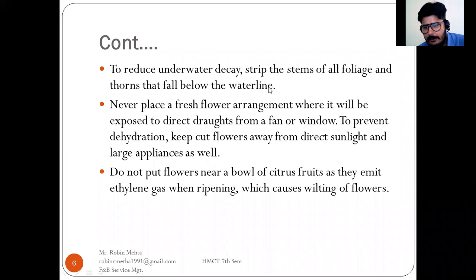If we talk about citrus fruit, lemon and orange are some of the citrus fruits. So we have to avoid putting the flower arrangement near them.